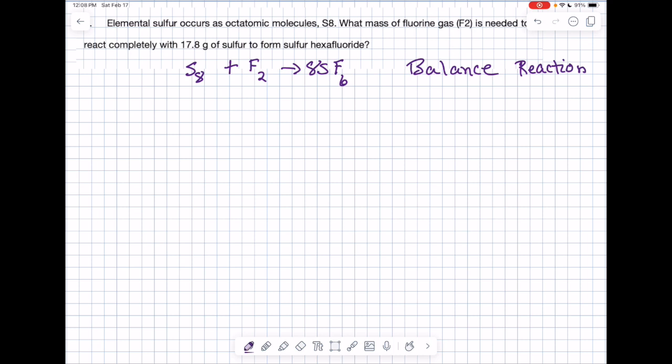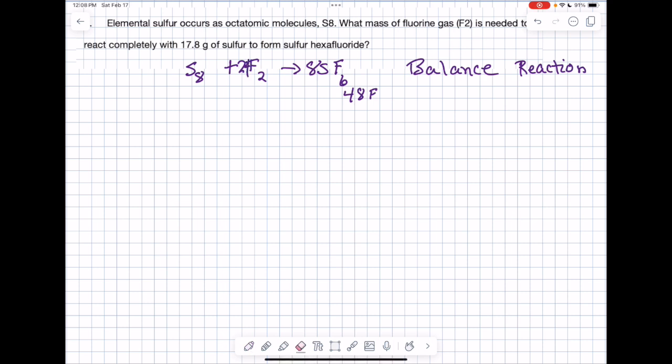Now, let's look at fluorine. We have 2 fluorines on the left, but now I've got 6 times 8. We've got 48 fluorines on the right. So we need to balance it, therefore. We're going to need to multiply our F2 by 24.